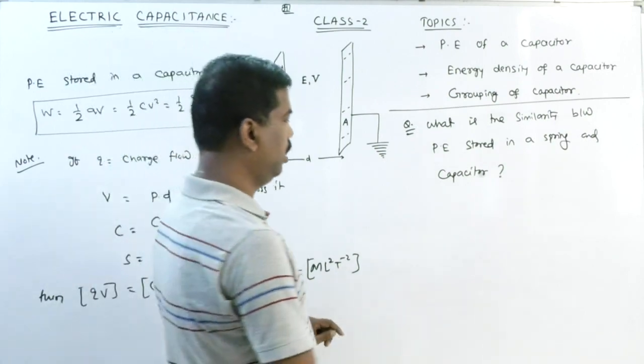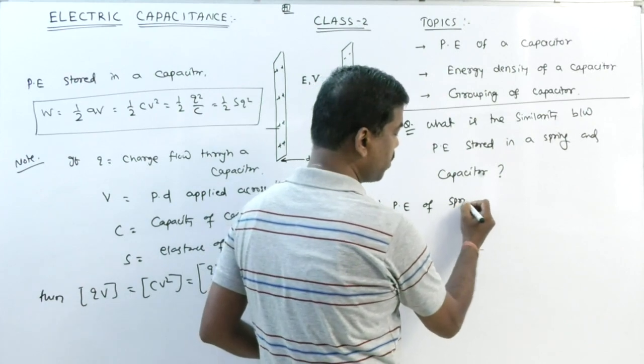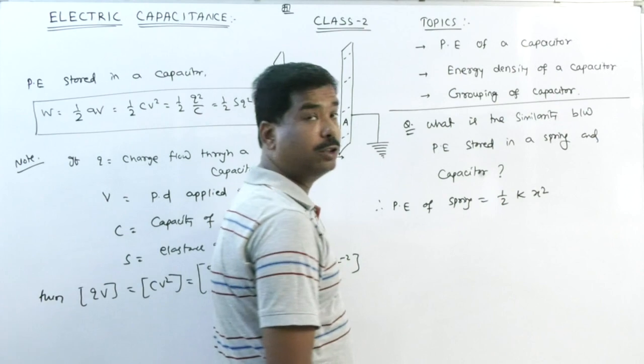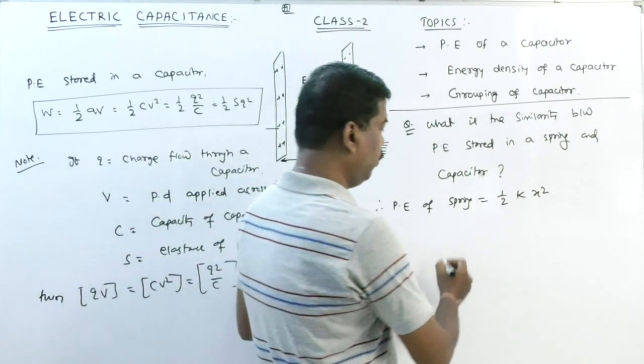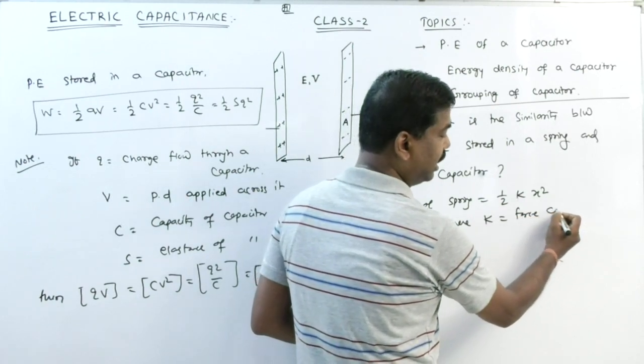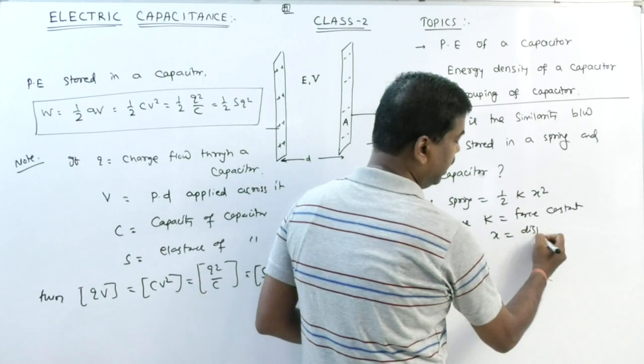Clear? Potential energy of a spring is equal to half kx square, where k is the force constant and x is its displacement.